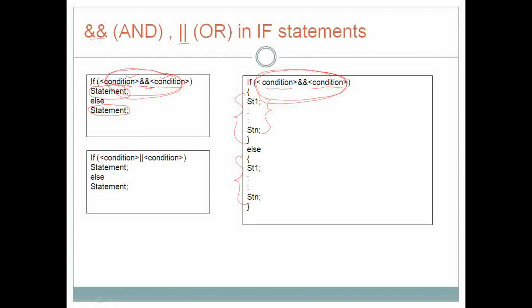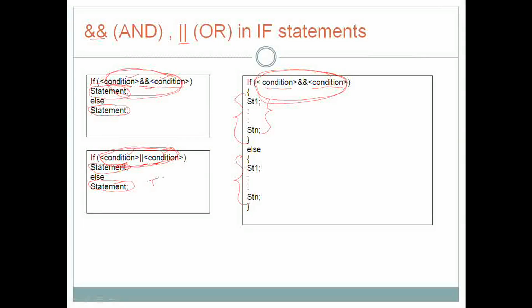But in order to execute a statement when any one condition is true, we use one more operator called OR. If condition 1 is true and condition 2 is false, even then this complete condition becomes true, and it executes the statement followed by if. If condition 1 is false and condition 2 is false, then the complete condition becomes false. Then it executes the statement followed by else.